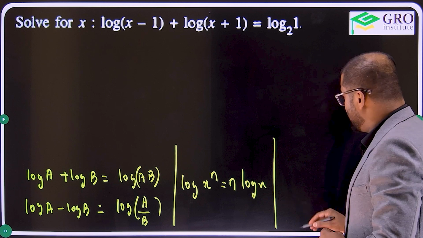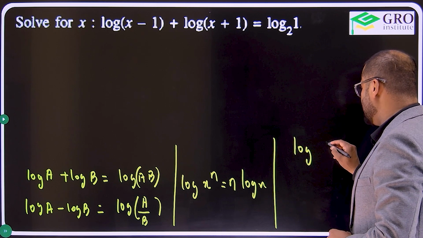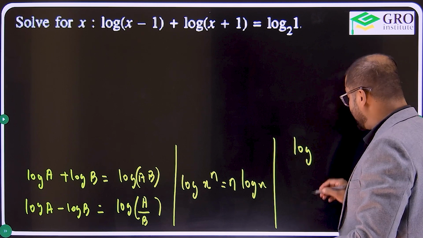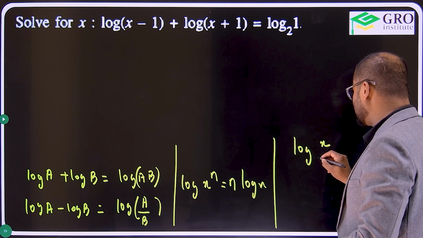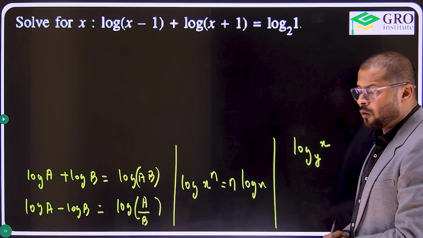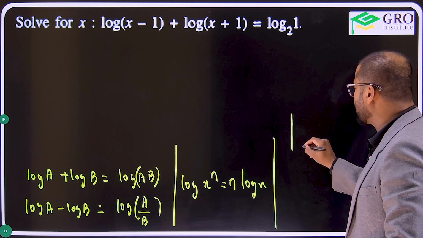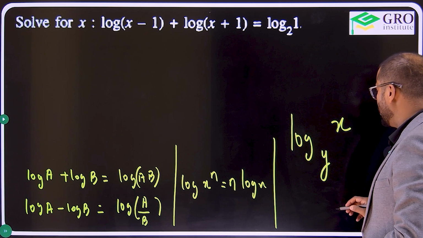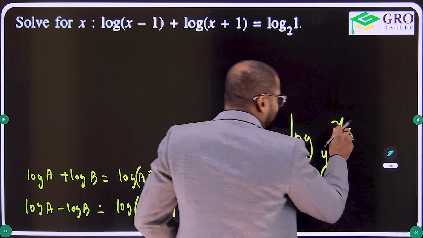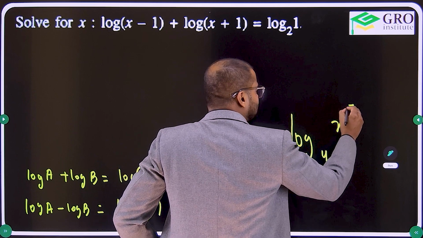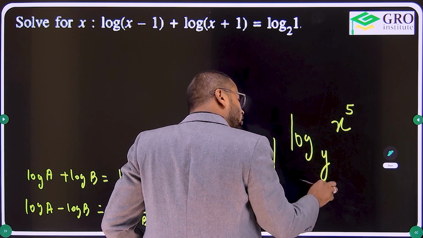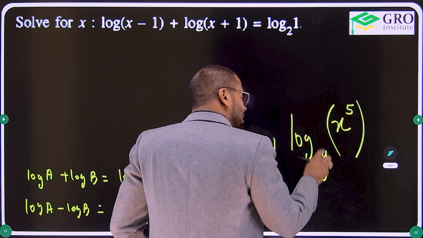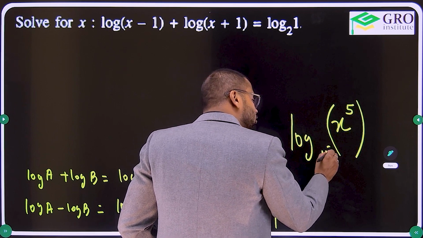But same way, suppose you have a power on your head and a power on your base even. Suppose you have log x with base y, and there is a power for x. Power for x is 5, and power over the base is 2.